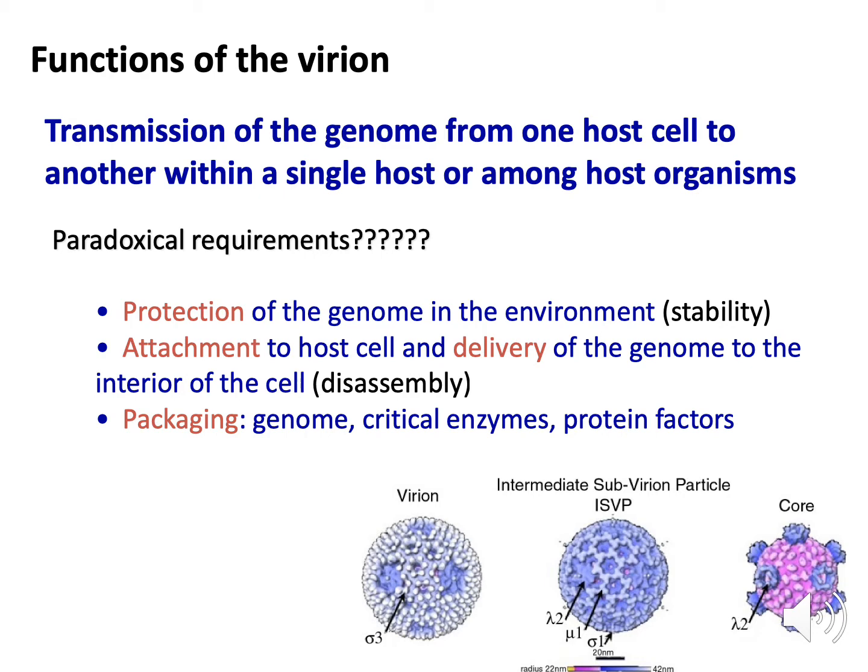And so what's on the bottom of this slide is a series of images of cryo-electron microscopy of the virus that I have worked on, reovirus, mammalian reoviruses. And on the left-hand side, you see the environmentally stable virion. In the middle, you see what happens after that virion attaches to a susceptible cell and begins the process of disassembly. It's the intermediate subvirion particle. This is the particle that can penetrate membranes.